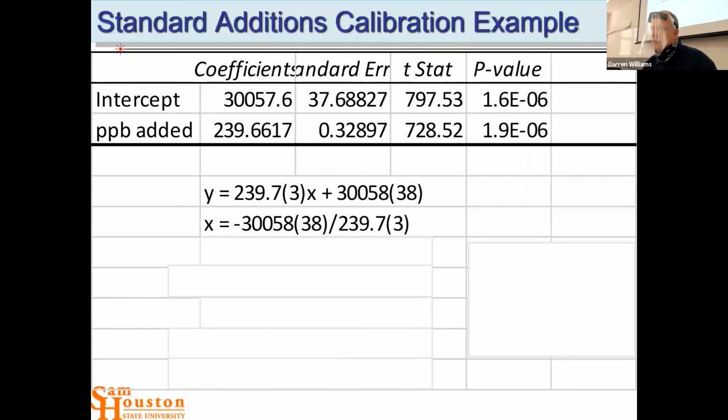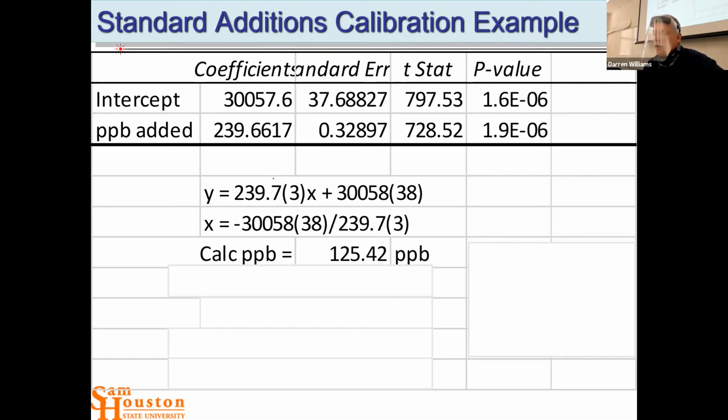And so here's how we do this. We get the regression output, and notice our intercept and our slope have fantastic p-values, 10 to the minus 6 for both of them. And the equation too is different. So this is our model, y equals 240 x plus 30,000.